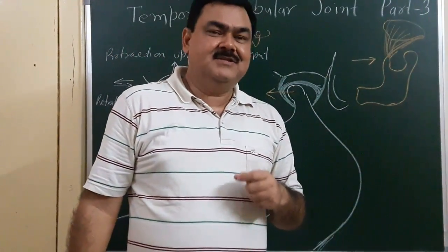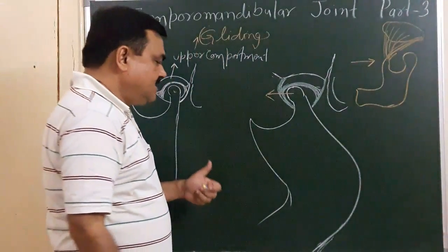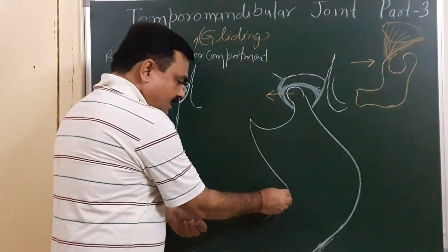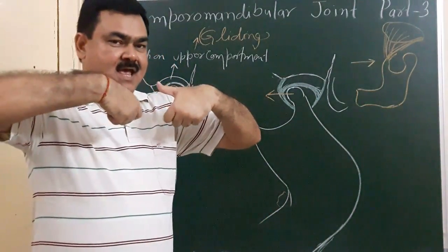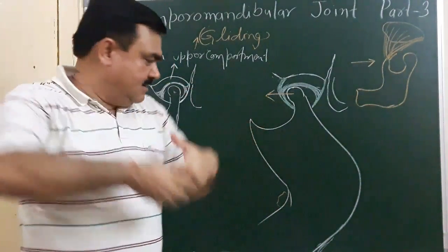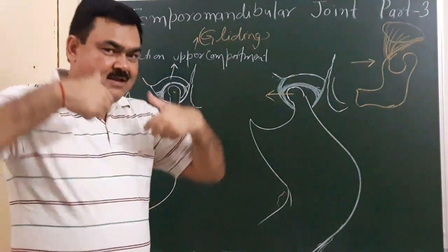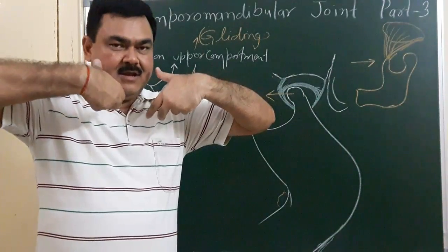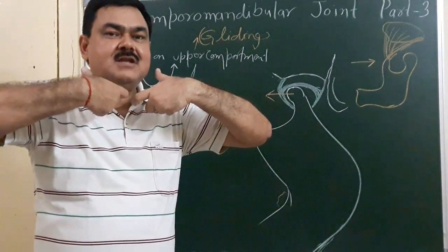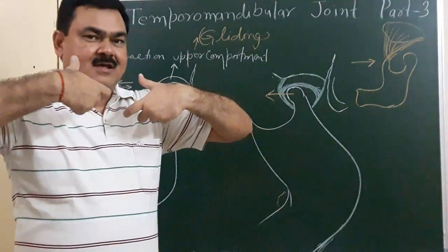In such a condition, the clinician applies pressure here on the last molar teeth on both sides, like this, and then slightly elevates the chin. Apply pressure on the last molars, then apply slight pressure over the chin, elevate the chin.